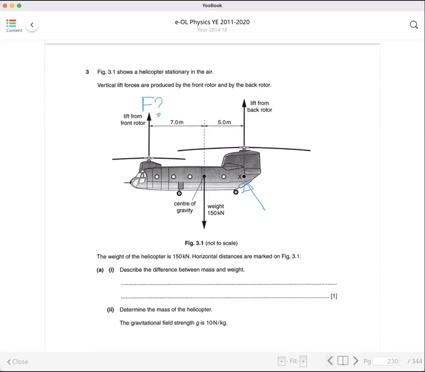So for this question, you need to use the principle of moment. Okay, the principle of moment. Okay, do now.